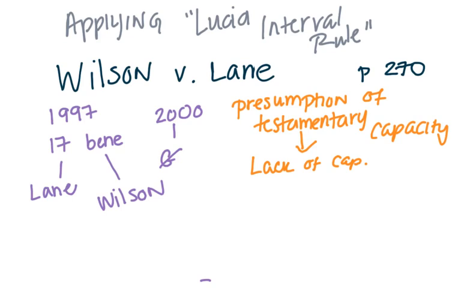But as we learned in Wright, eccentric behavior is not enough to show lack of capacity. So let's move to the second category of evidence that the contestants introduced. The contestants introduced expert testimony that Greer had Alzheimer's, but the court found that the expert didn't explain how the Alzheimer's affected Greer's ability to form a rational desire to dispose of her property.